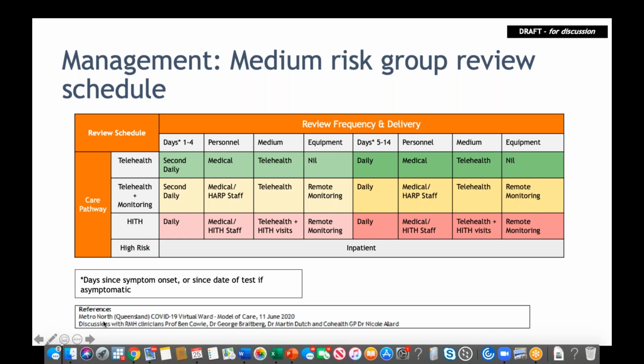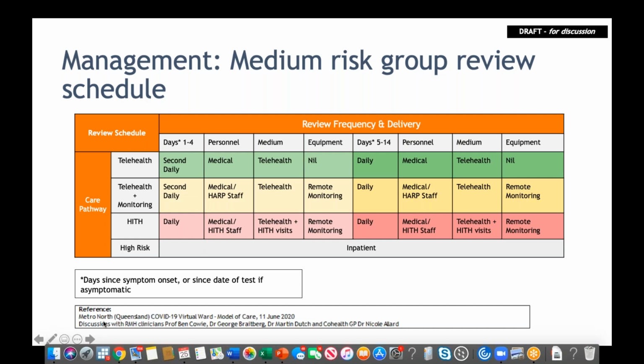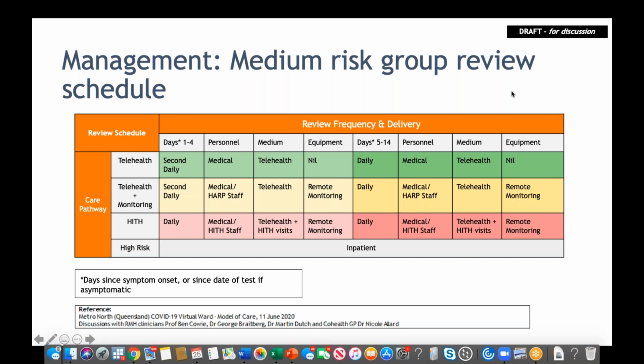It started off as a 3-tiered system, with HIF being the most intensive, which involved daily telehealth to start off with, but in the period of highest likely symptom burden, having twice daily telehealth visits and the possibility of in-person review by clinical staff.